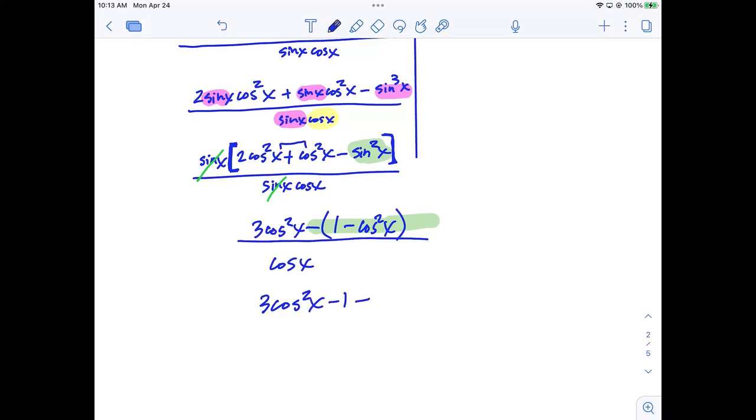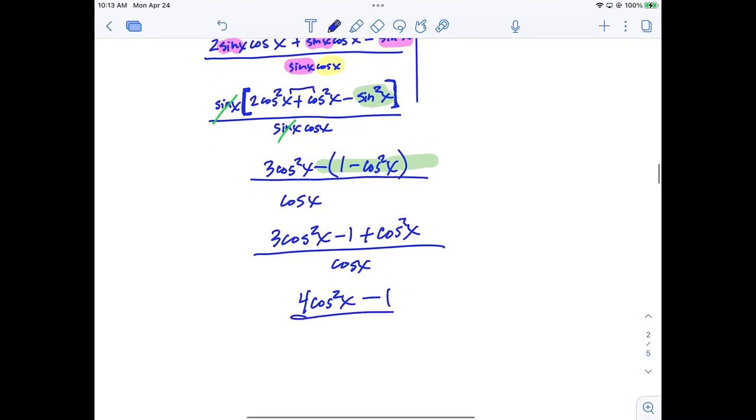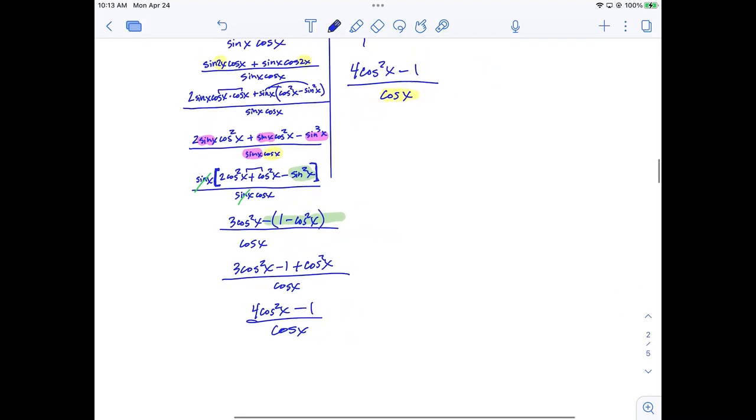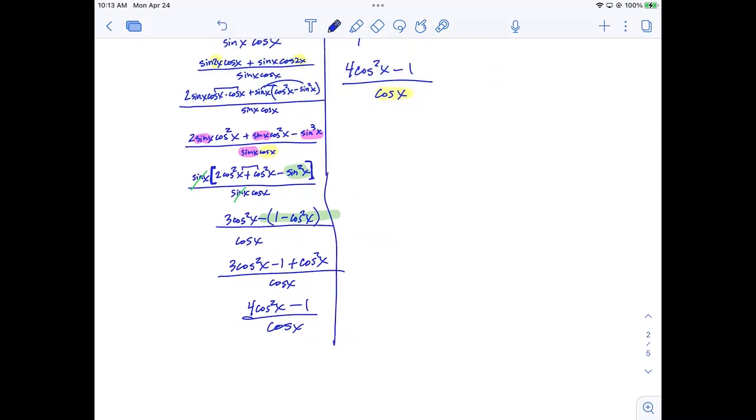I get minus 1 plus cosine squared of x all over cosine. And I'm feeling it. Aren't you feeling it? 3 cosine squared plus 1 cosine squared. That's 4 cosine squared of x. I got the minus 1. It's all over cosine. I bring my line a little further down. And what? QED. It's in the game.